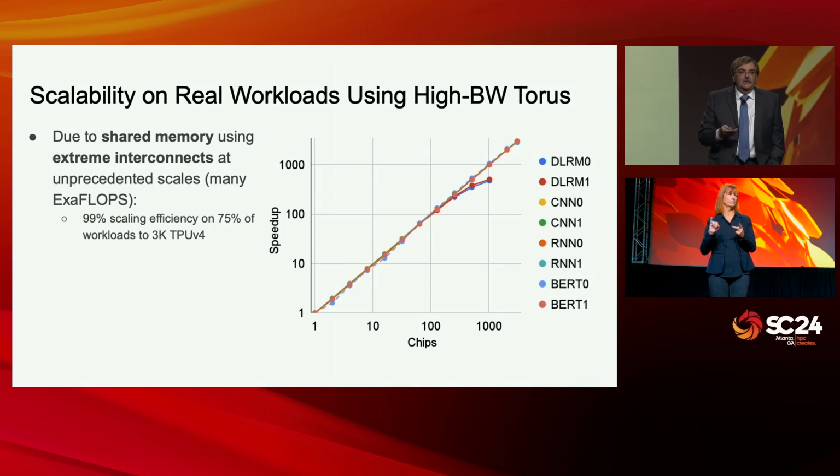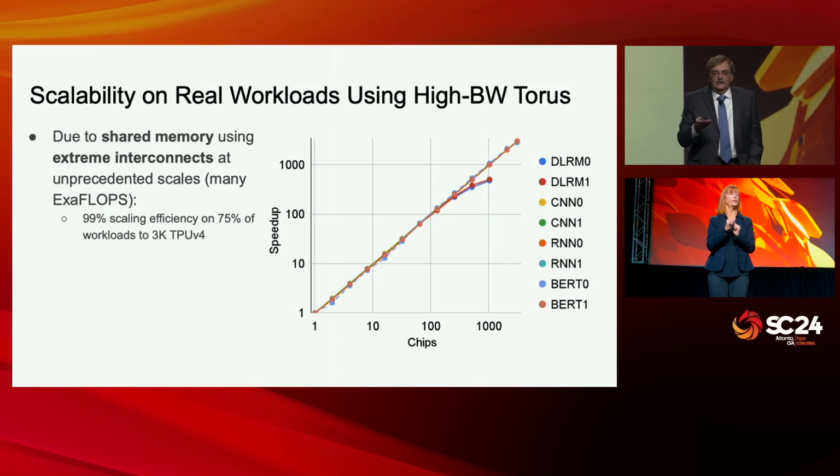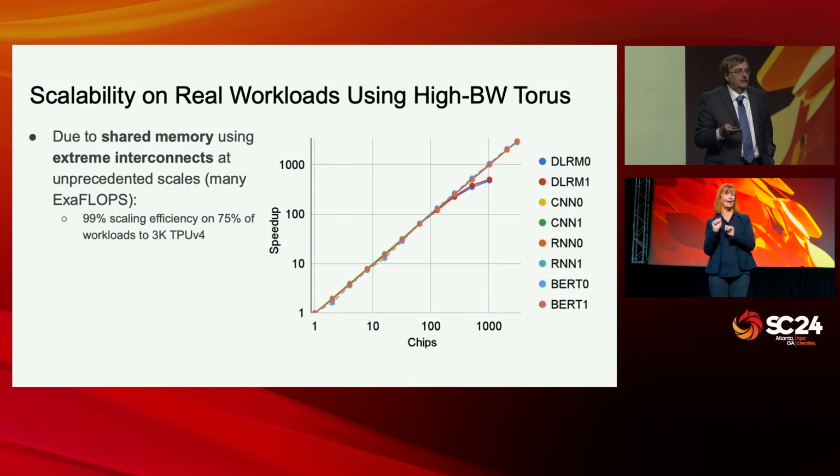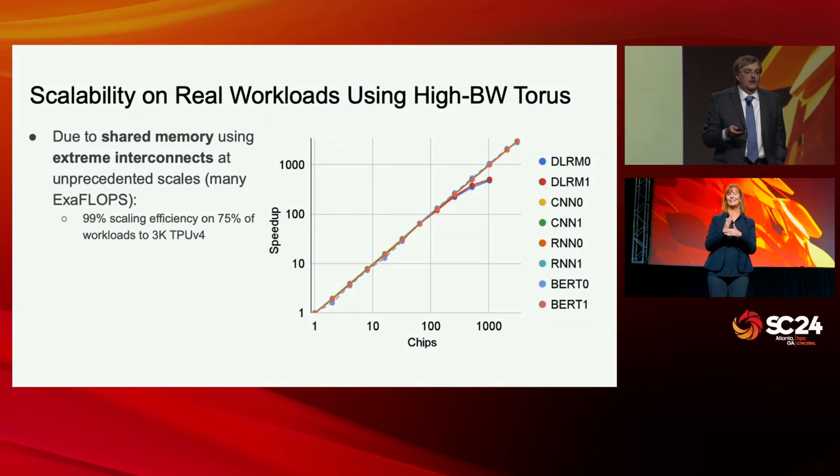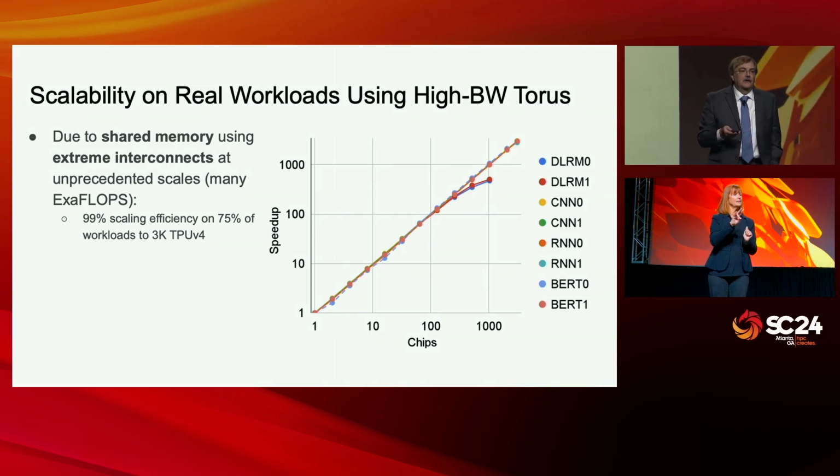When we did some scalability studies using the ICI, we got these results. The 8 benchmarks on the side are key applications served to billions of daily users at Google, so they're not toy benchmarks. We got 99% scaling efficiency on 75% of the workloads to 3,000 TPU v4 chips.